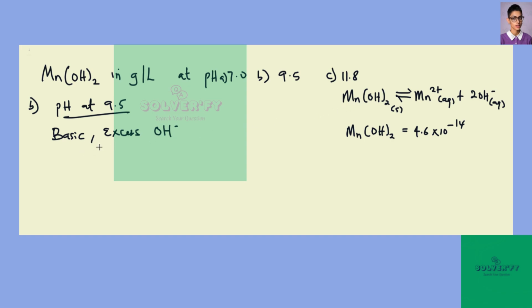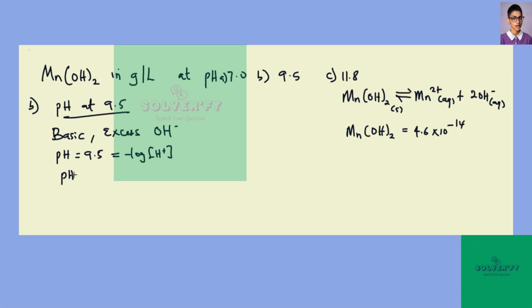So we can also calculate the concentration of the excess hydroxide. Since we know pH is 9.5, and that is a negative logarithm of H plus concentration, right? We can calculate pOH, and if we know pOH, we'll be able to calculate the hydroxide ion concentration.